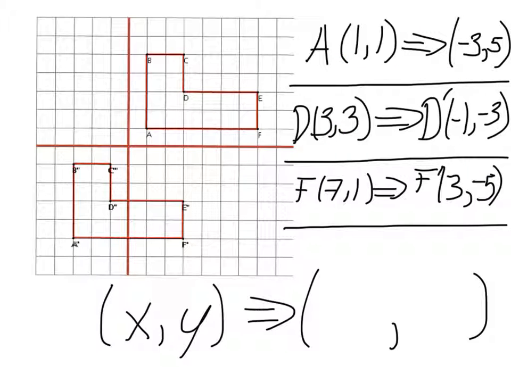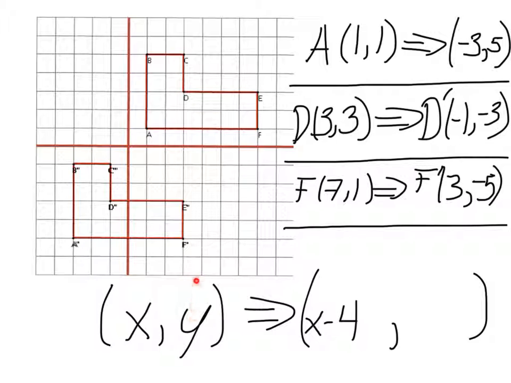We notice that 1 minus 4 gets us to negative 3. 3 minus 4 gets us to negative 1. 7 minus 4 gets us to 3. Therefore, X would get us to simply X minus 4. Perfectly fine to write out your rule like that.